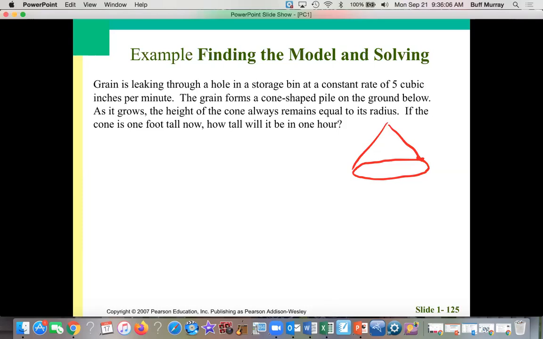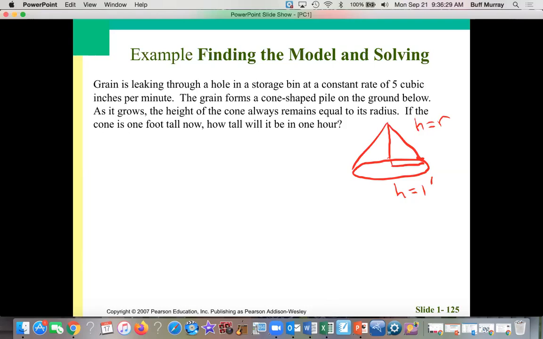It also said that the height and the radius are always the same, correct? Of our cone. Okay. It also says right now the height of the cone is 1 foot.